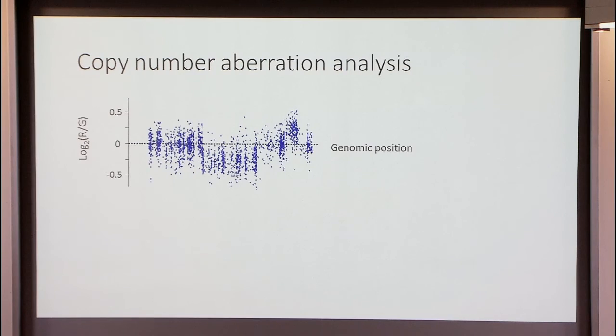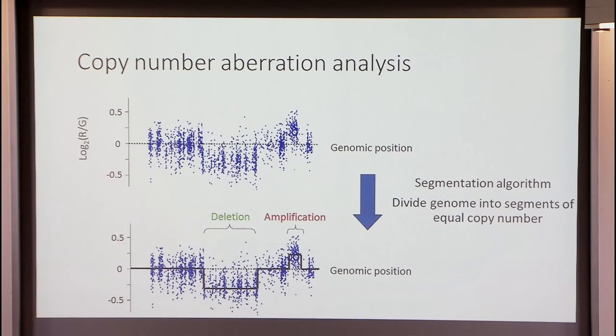There are various algorithmic approaches that will try to segment this noisy signal into regions of equal copy number, using hidden Markov models or change point models. We then might try to convert this signal into regions of normal copy number.